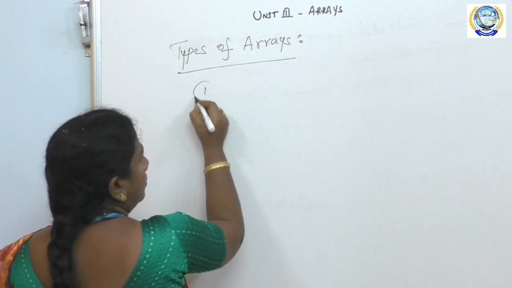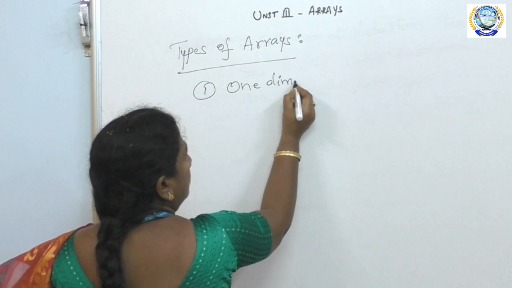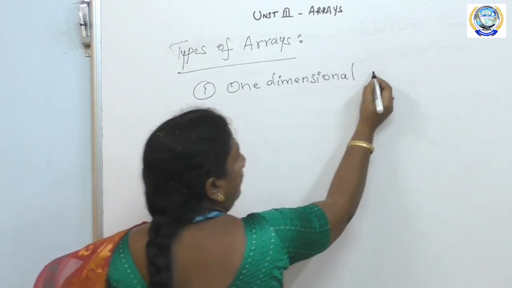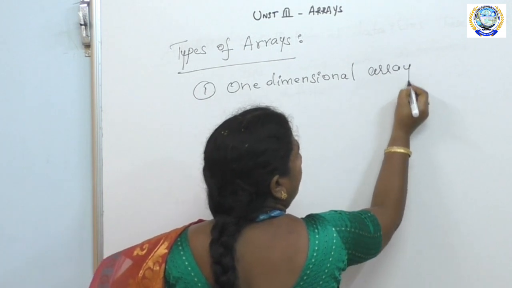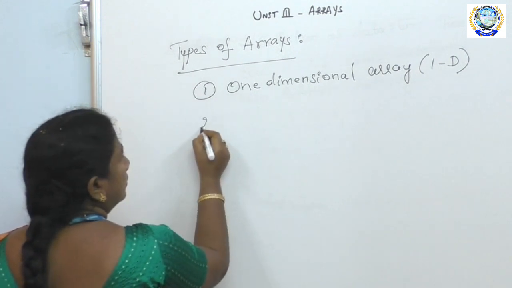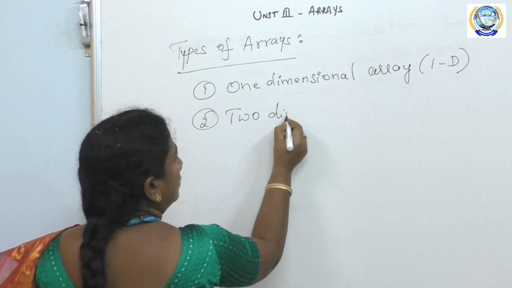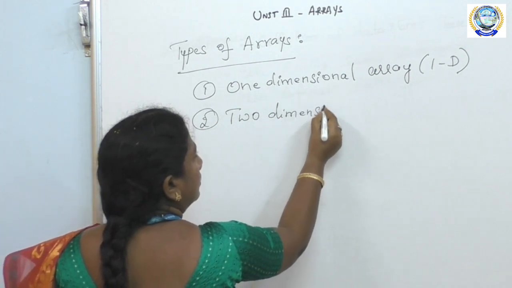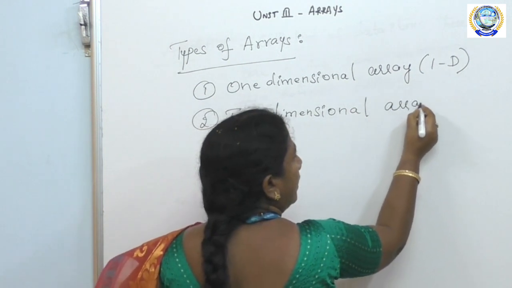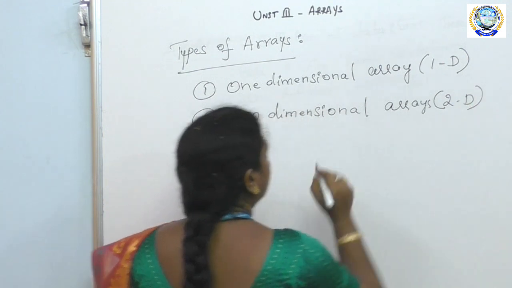Those are one-dimensional array, or 1D, two-dimensional arrays, 2D.